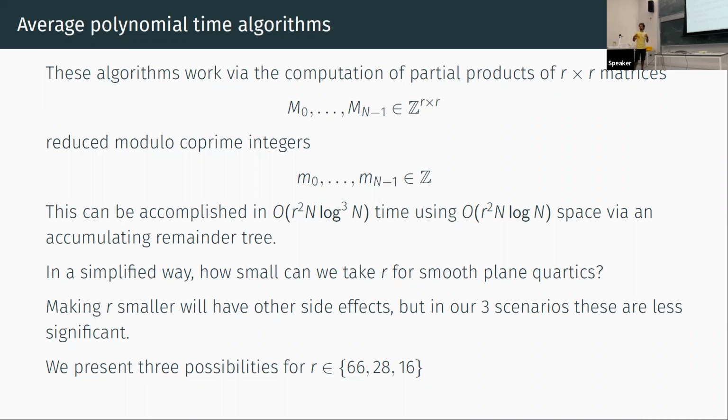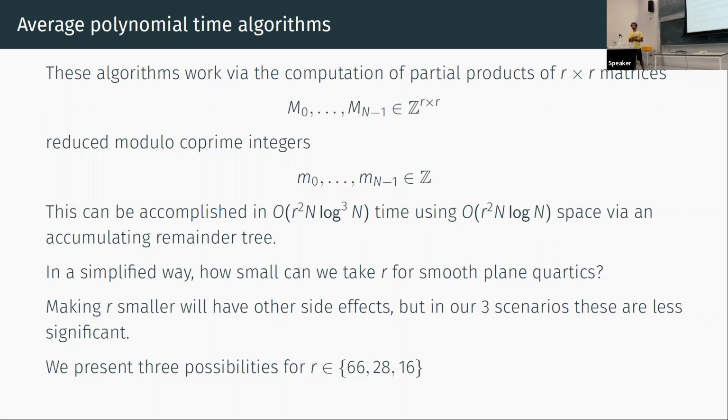The cost is really the FFTs when you're trying to multiply these numbers. Basically, you start with the matrices, you do FFTs, and then you multiply them. So at the end of the day, it's just r squared, not r cubed or r^omega. Overall, our cost is r squared n log cubed n, and the space is also about the same, but now it's just log n.